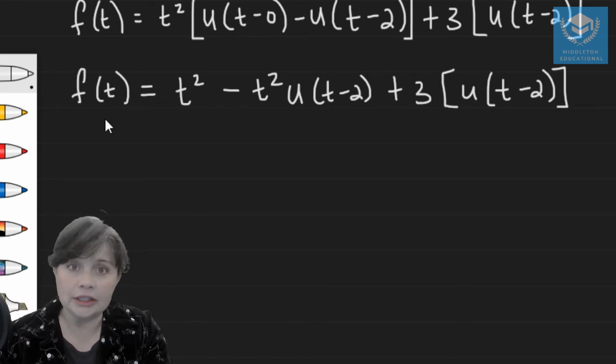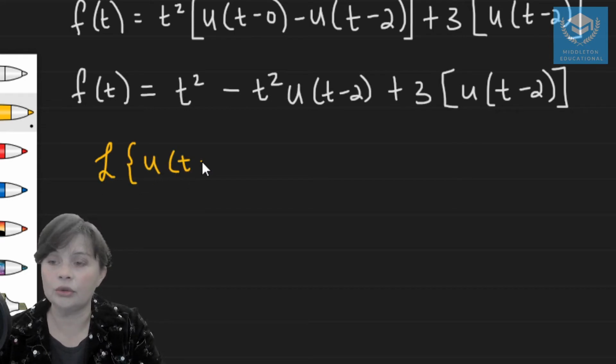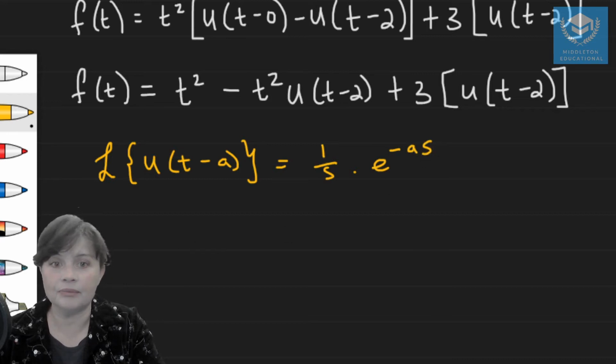And before we continue, let's write down the two formulas we're going to be using. So the first is going to be the transform of the step function u of t minus a, and that is 1 over s times e to the minus as.